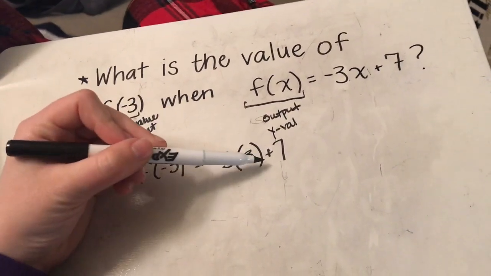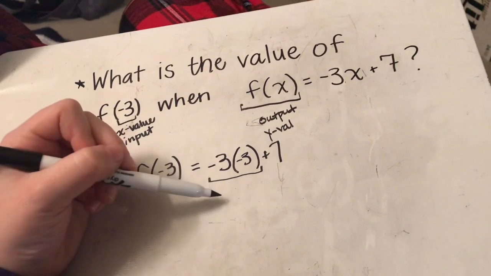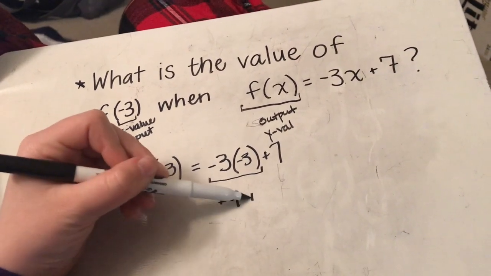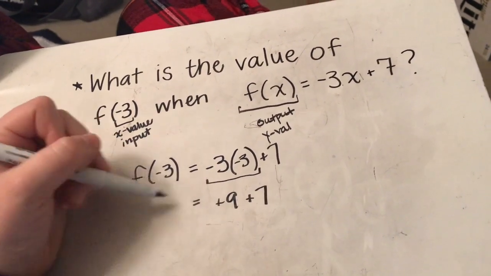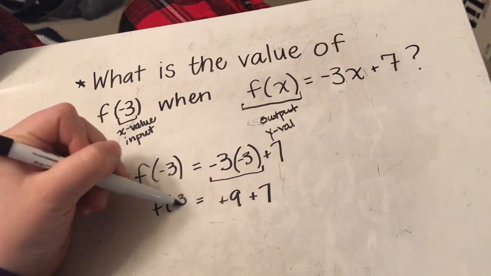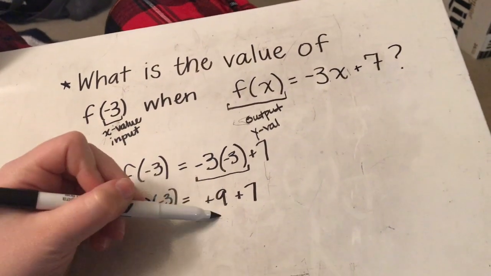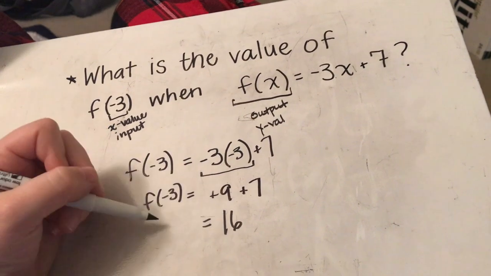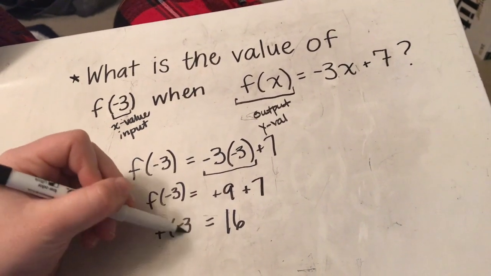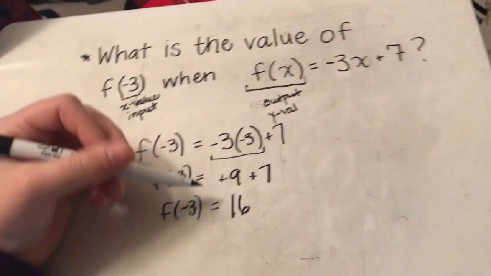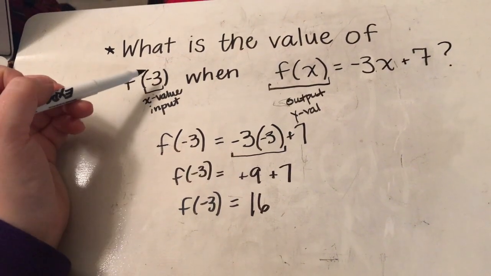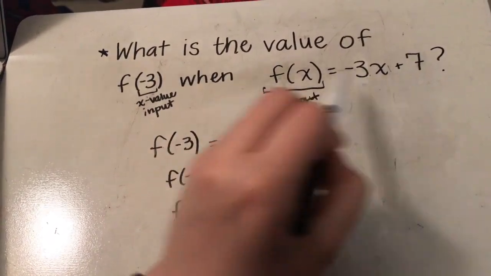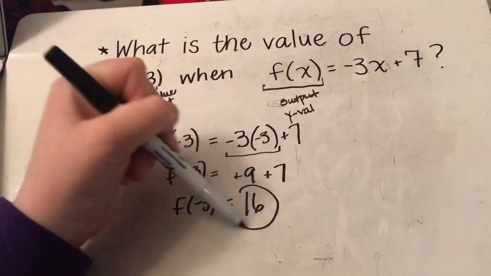All right, negative 3 times negative 3 is a positive 9, plus 7 equals f of negative 3. All right, 9 plus 7, 16. So f of negative 3 equals 16. So the value of f at negative 3 for this function is 16.